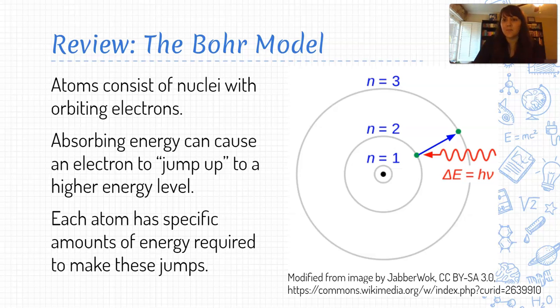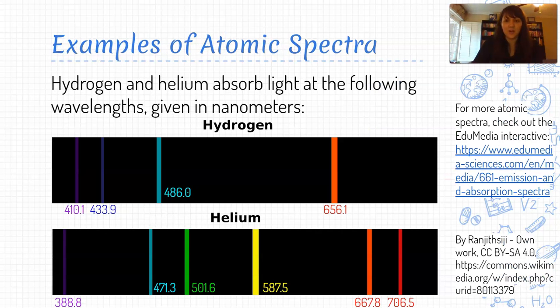So we can study that a little bit further by looking at atomic spectra, okay? So let's start off with this first one here that says hydrogen. What you're seeing right now is this big black rectangle with a few specific lines of different colors.